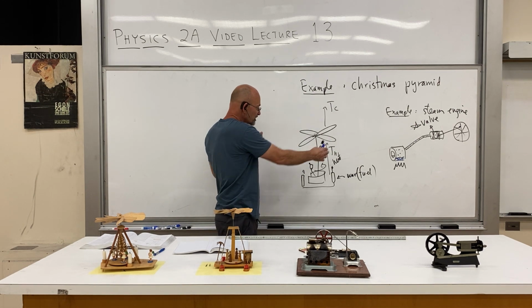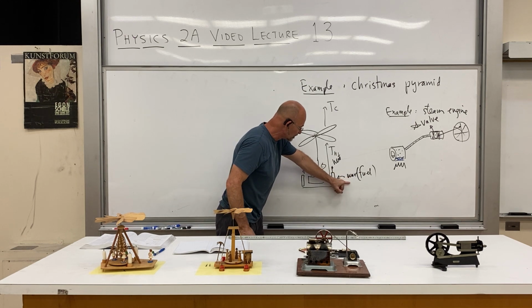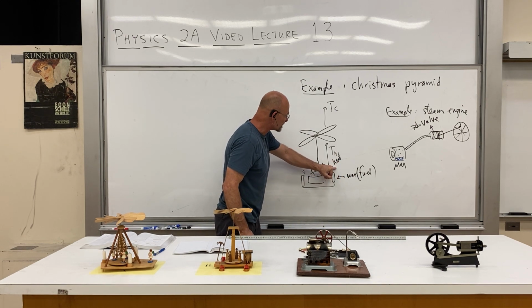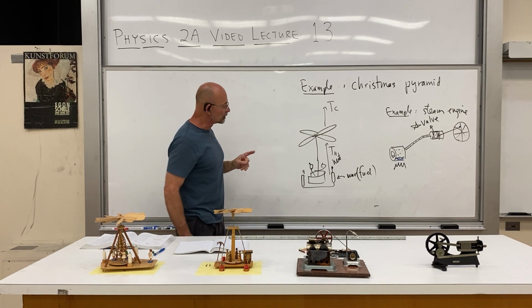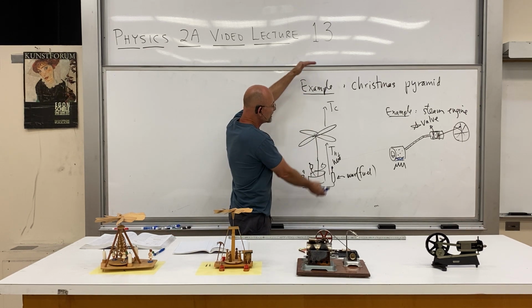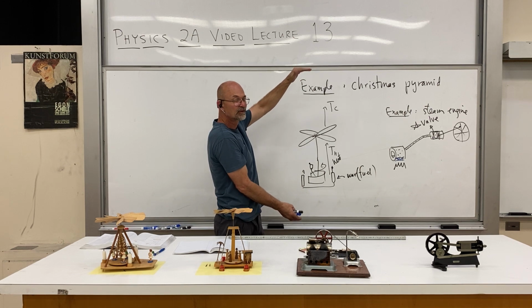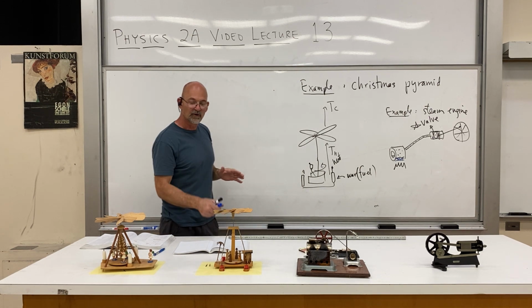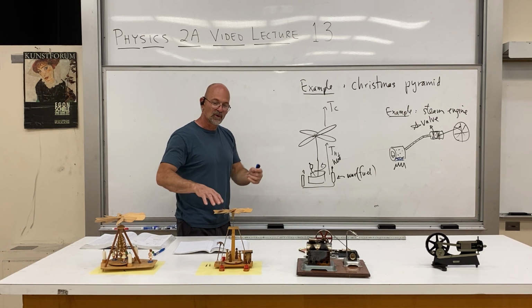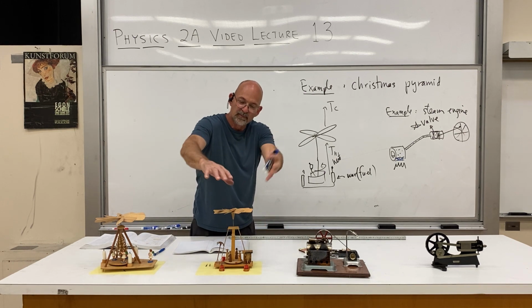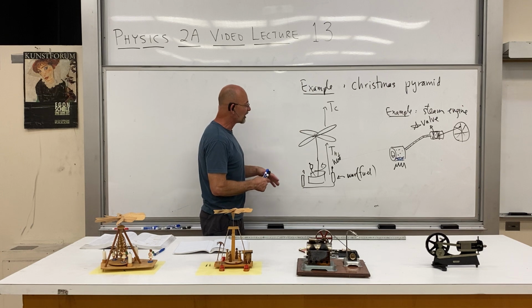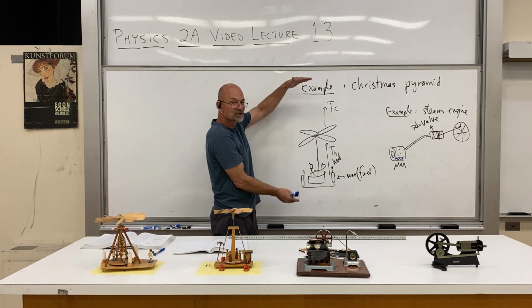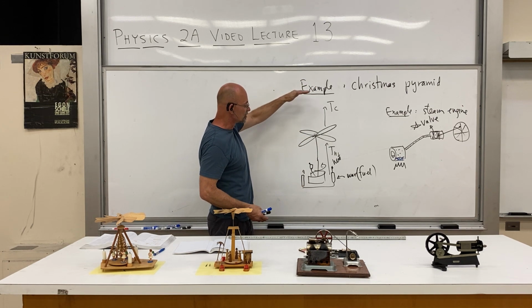If you have a better picture of this, the point is we got the fuel here, the high temperature, the low temperature. The chimney was crucial for really spreading out the high and the low temperature. Okay, that's why it made the Christmas pyramid so much more effective. If there were just hot air above and beneath and everywhere else, you wouldn't get that airflow. So to get the airflow, you need a real separation of high and low temperature. That's what the chimney did.